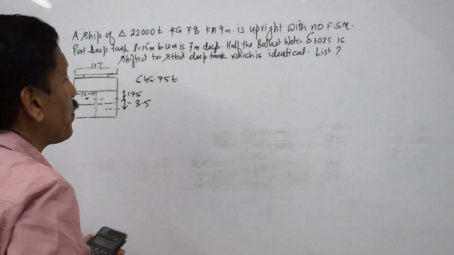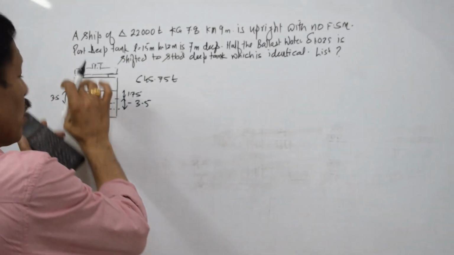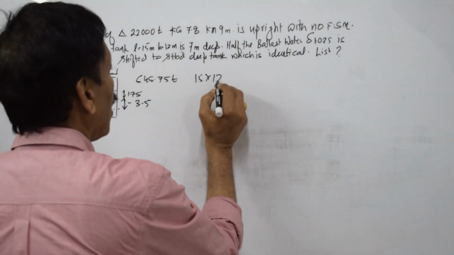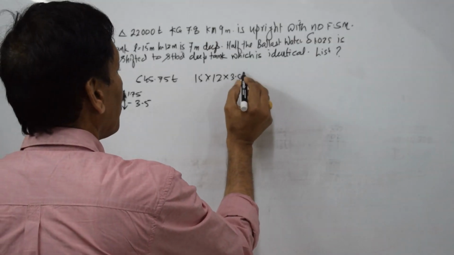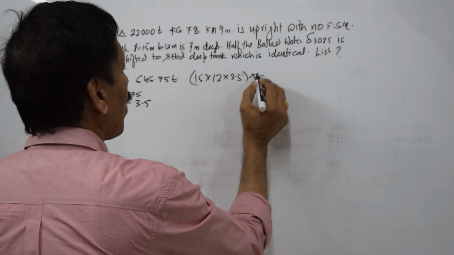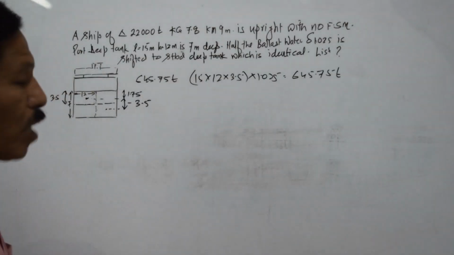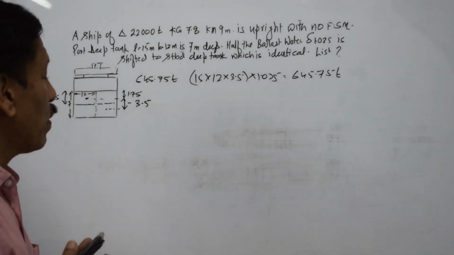So this 50% block which is shifted weighs 15 into 12 into 3.5, the volume, multiplied by 1.025, that is 645.75 tons. Now it is shifted vertically downwards, so it is going to improve the KG.